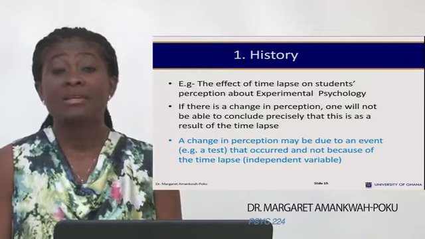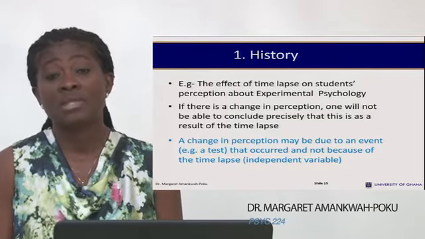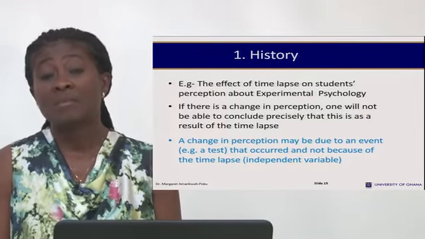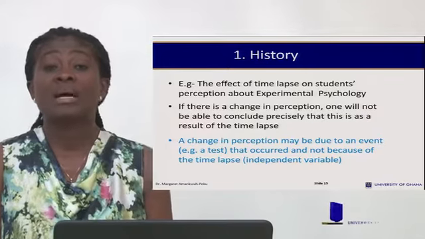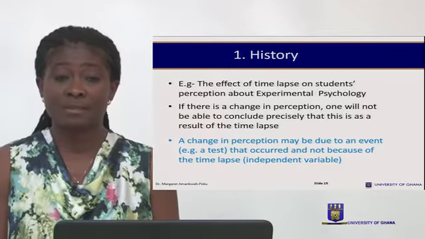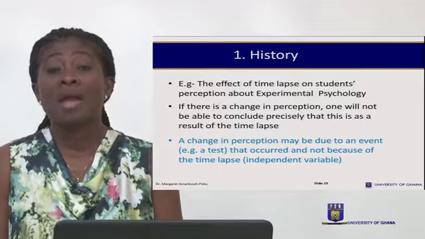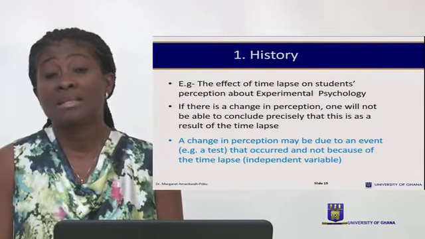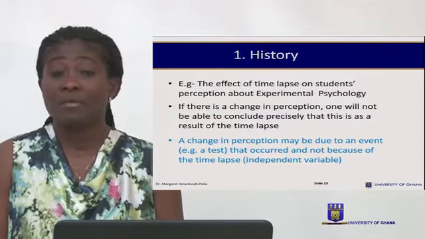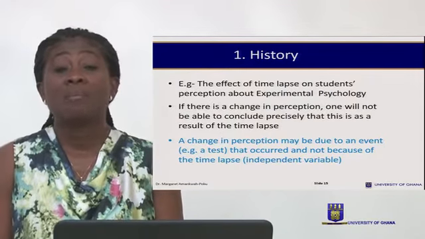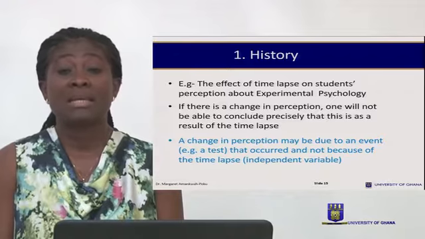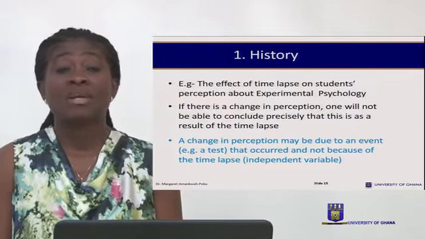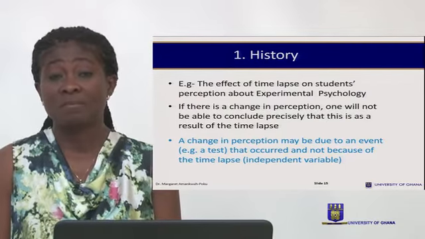And then at the end of it, after 13 weeks of teaching, we administer the same questionnaire to find out whether students' perception has changed. Now, anything can occur between the pre-measurement and the post-measurement. For instance, it's possible that we will take a test that would affect students' perception.